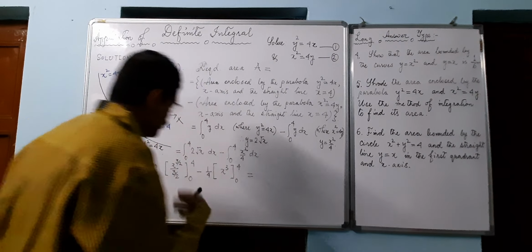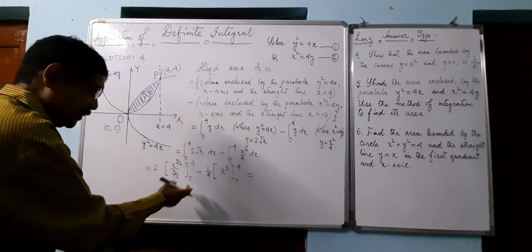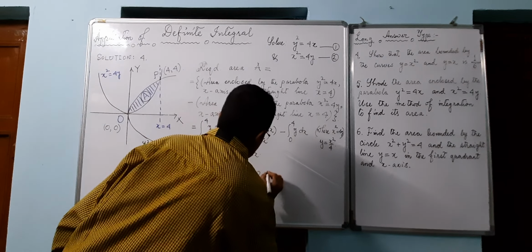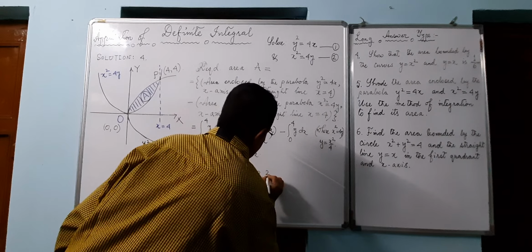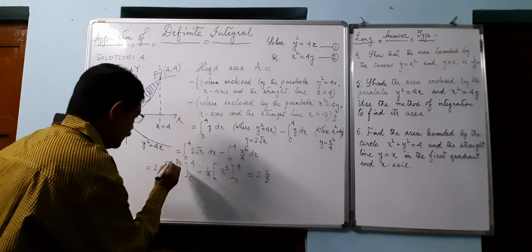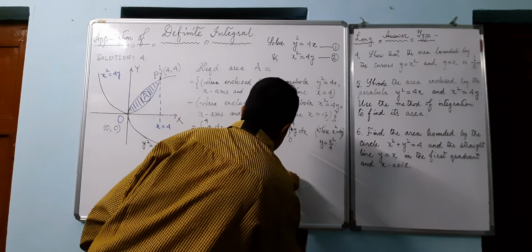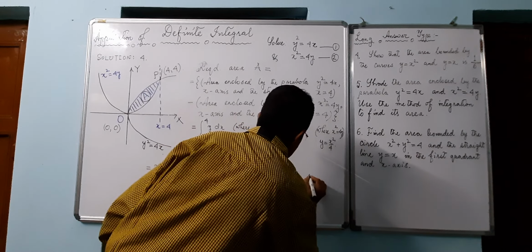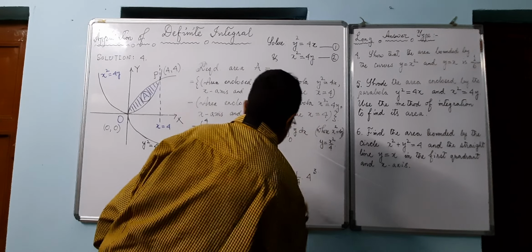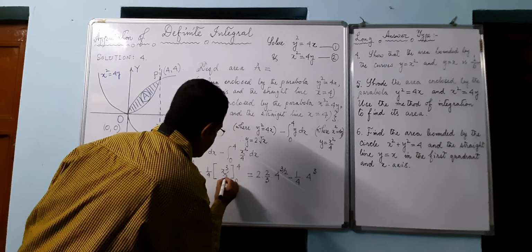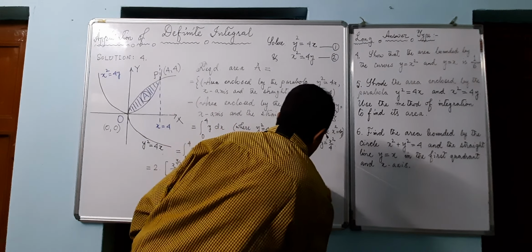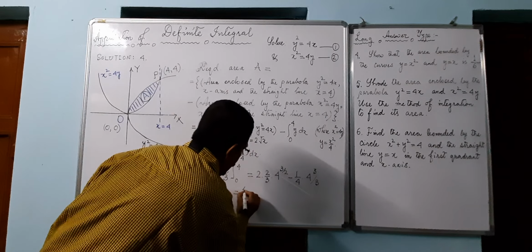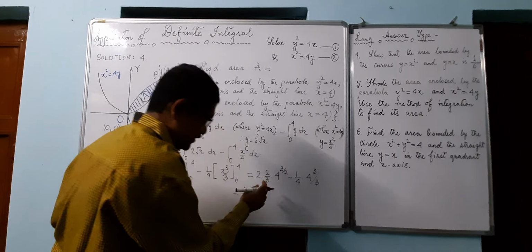Now our task is to substitute the upper limit and then the lower limit as usual, that is 2 into 2 by 3 into 4 to the power 3 by 2, minus 1 by 4 into 4 cube by 3, which is obviously 4 by 3 after simplification.